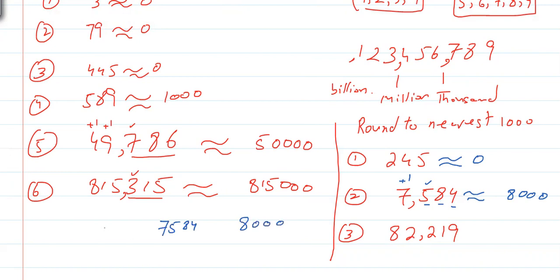The thousand term before it is, sorry, 7,000. So what do you think? To reach 8,000, the number of digits is less, while to reach this one, the number of digits is more. So of course it is near to 8,000. That is why we will round to 8,000. Okay.